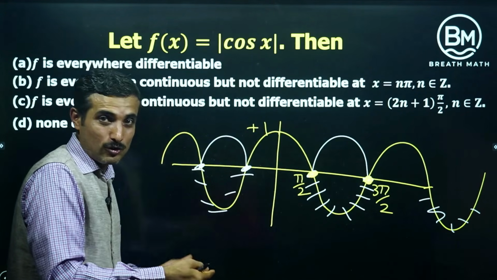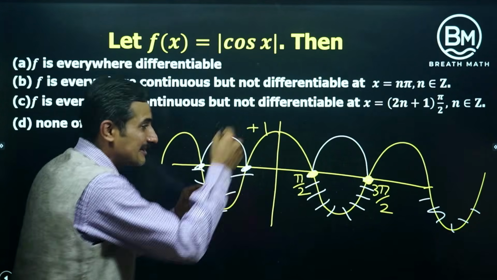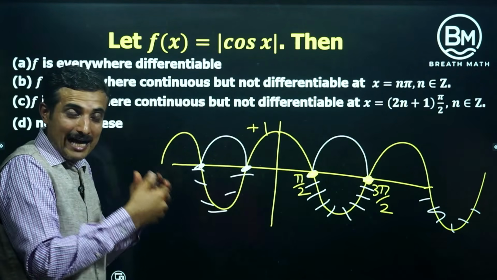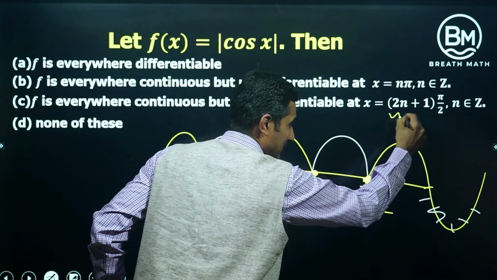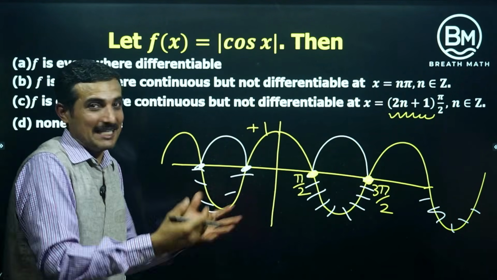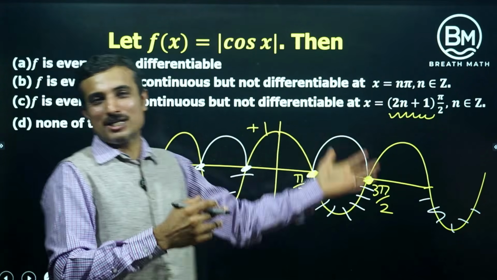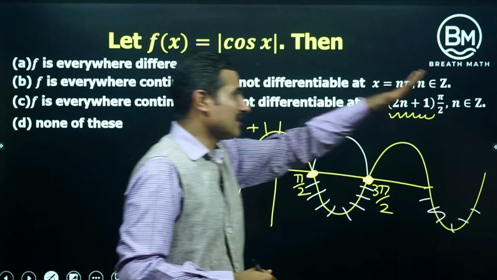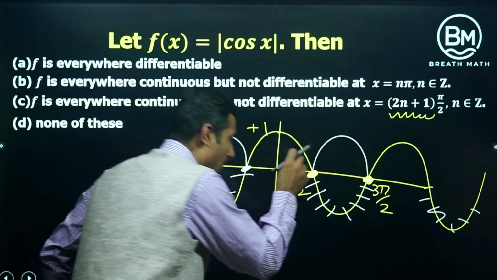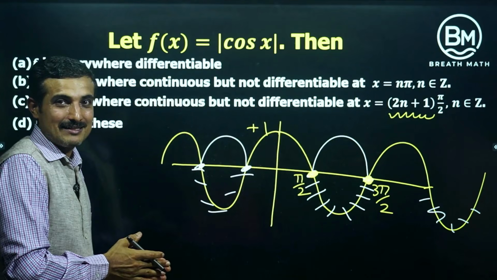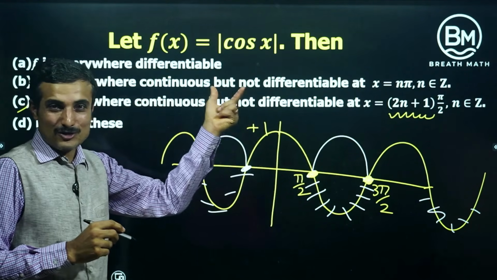Multiples of pi by 2 odd numbers. 1, 3, 5, 7. So how do you write odd numbers? Odd numbers are 2n plus 1. 2n is an even number. 2n plus 1 is an odd number. So odd number into pi by 2 will give you the points where the function is not differentiable. So it's all about modulus of cos x function.